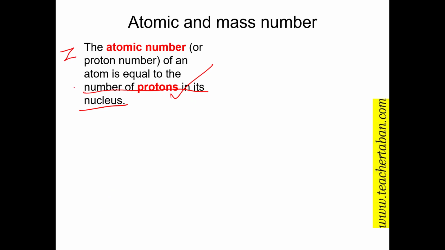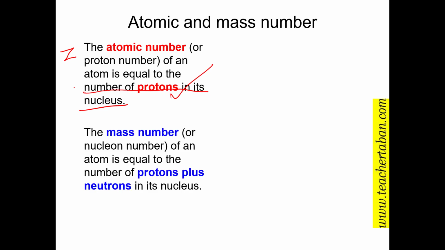Then the mass number. What is the mass number? The mass number we normally represent using the capital letter A, as we shall see later on. And we define this, the mass number or the nuclear number, or the atomic mass, they all mean the same thing.